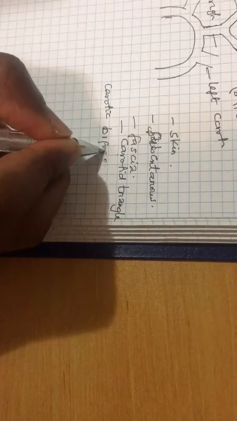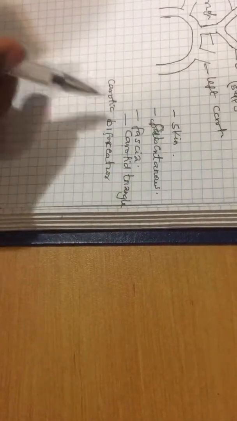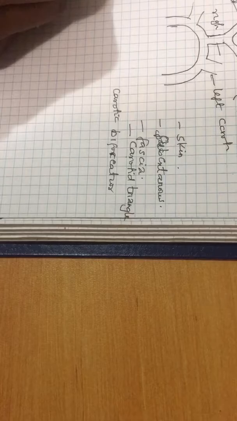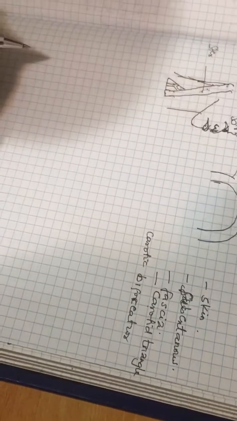Bifurcation means this one carotid divides into two. You understand? This is what they call bifurcation. So inside this triangle, you're going to see the carotid bifurcation. This is the answer.